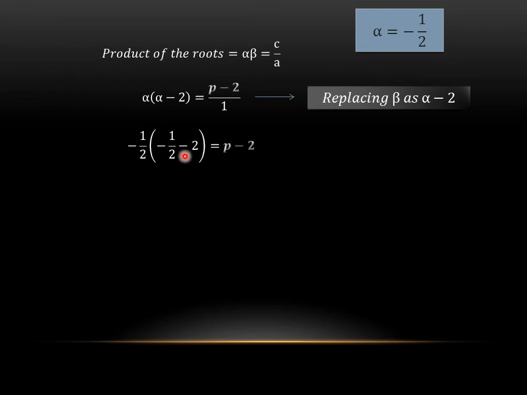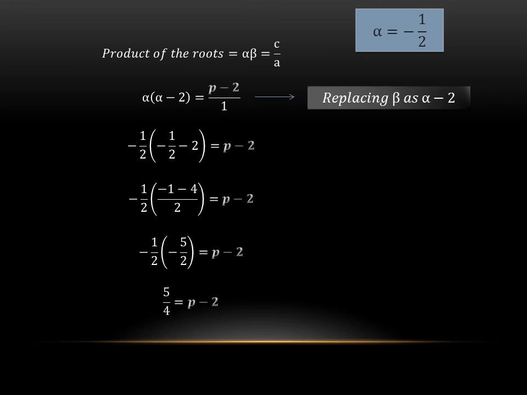Inside the bracket, we are having two fractions, that is minus 1 by 2 and 2 by 1. I'll take the LCM. After taking the LCM, it will become minus 5 by 2. I'll multiply minus 1 by 2 with minus 5 by 2. It will become plus 5 by 4 equals p minus 2. Taking this minus 2 to the other side of the equation, it will become 5 by 4 plus 2 equals p.